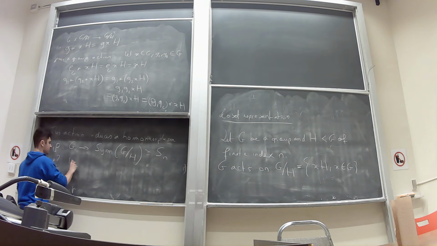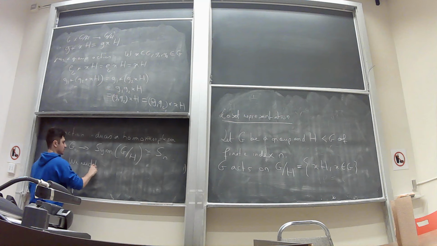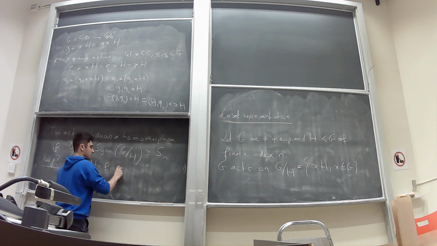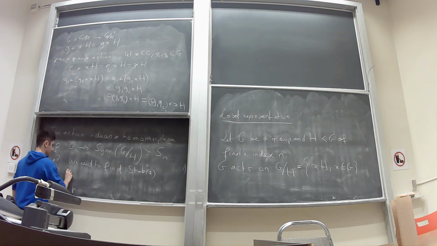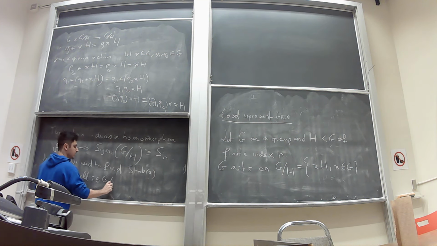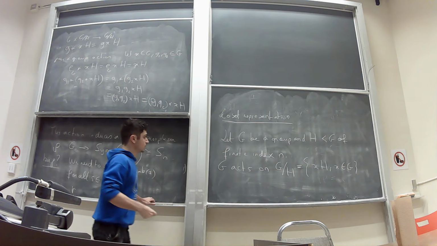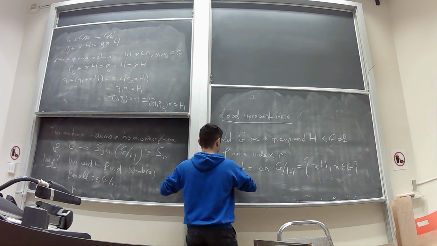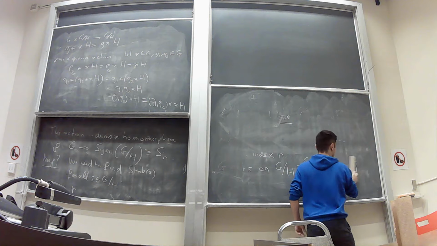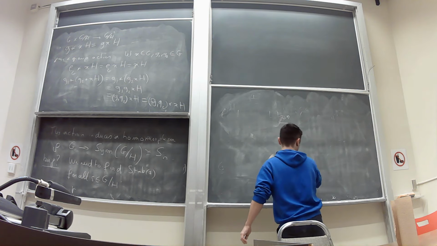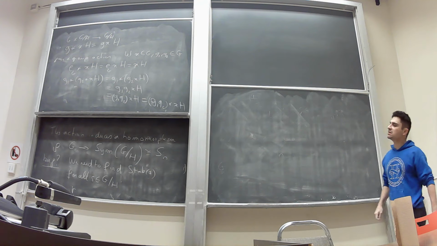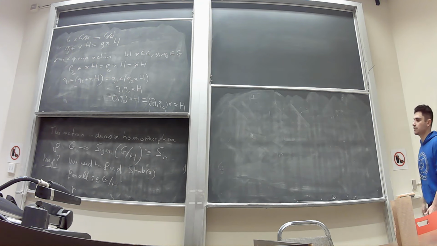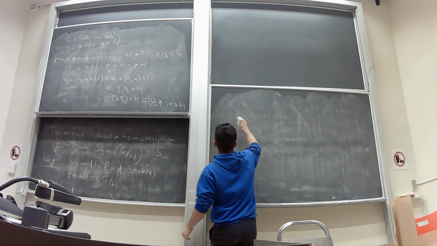So we need to find stab(s) for all s in G mod H. Any s in G mod H basically is a left coset, so it's of the form xH where x is in G.